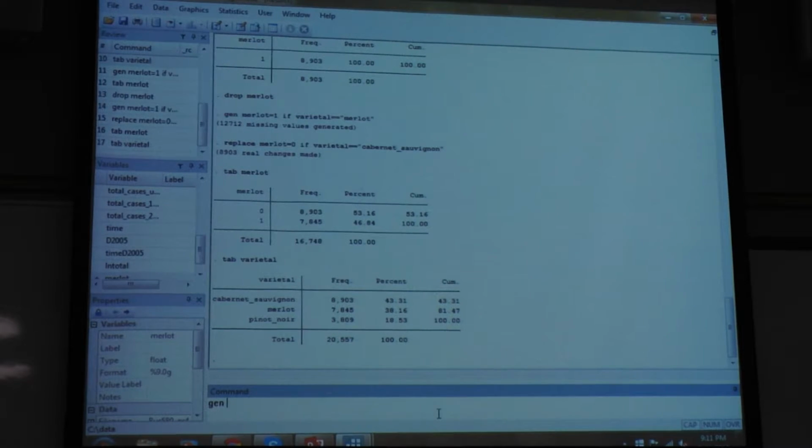So let's generate the rest of our variables. So we need a what? Generate, the order doesn't matter. So let's call it Merlot time equals Merlot times time.